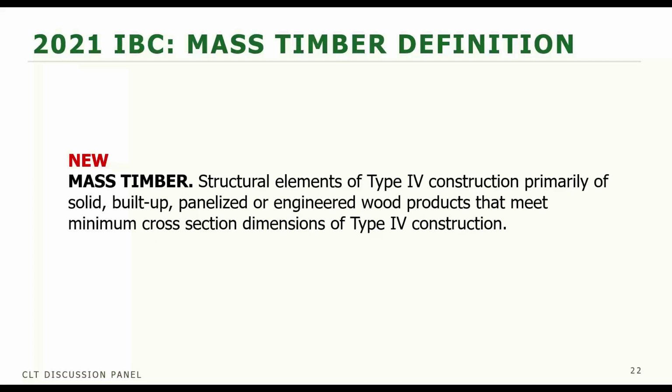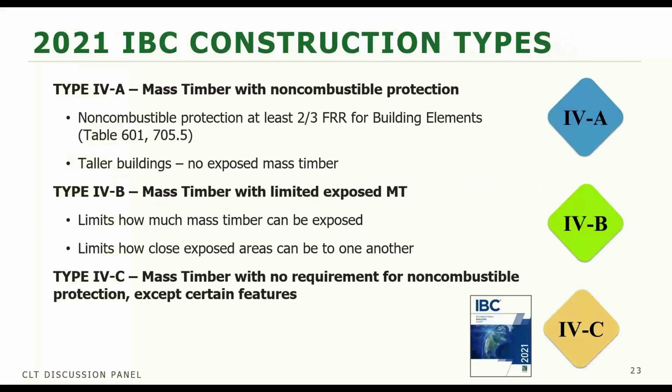We have a definition in the 2021 IBC that defines mass timber, and we have 3 new construction types that have been added: type 4A, type 4B, and type 4C. I know that many of you have been on our other webinars where we have talked about the specifics of these different types of mass timber construction, so I won't spend a ton of time talking about the individual differences between them.